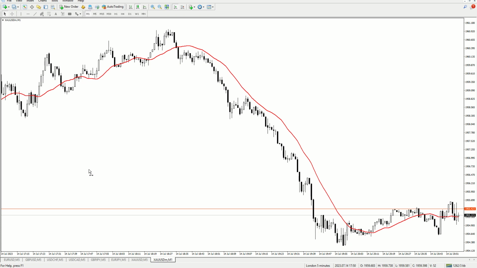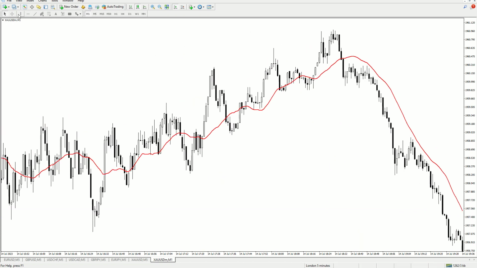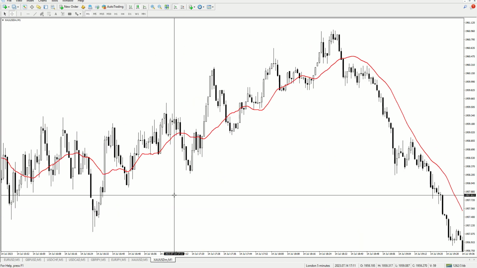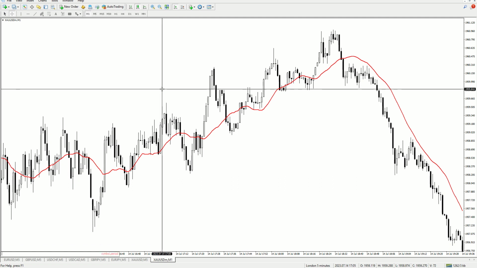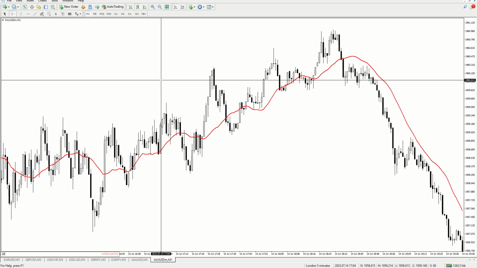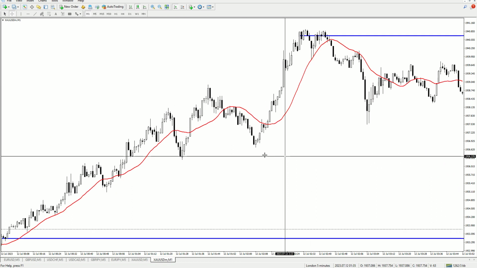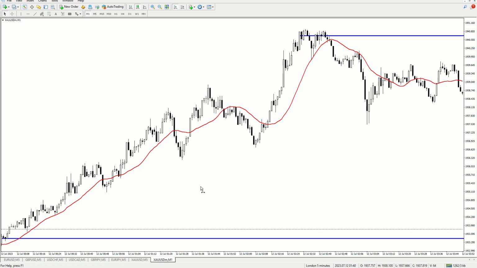You don't have to scroll like I am doing. To go to a specific date, you just hit enter and type in the year, then the month, then the day. I need the 12th, and then automatically I will go to the 12th.